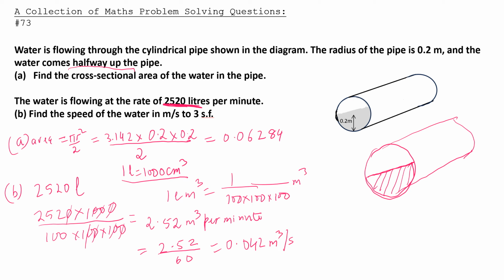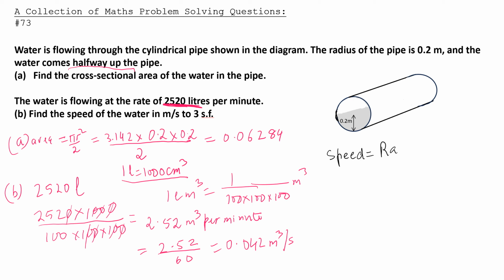Now we have to work out the speed. That would be done according to a formula. We know that speed would be rate of flow divided by the cross-sectional area of the water.